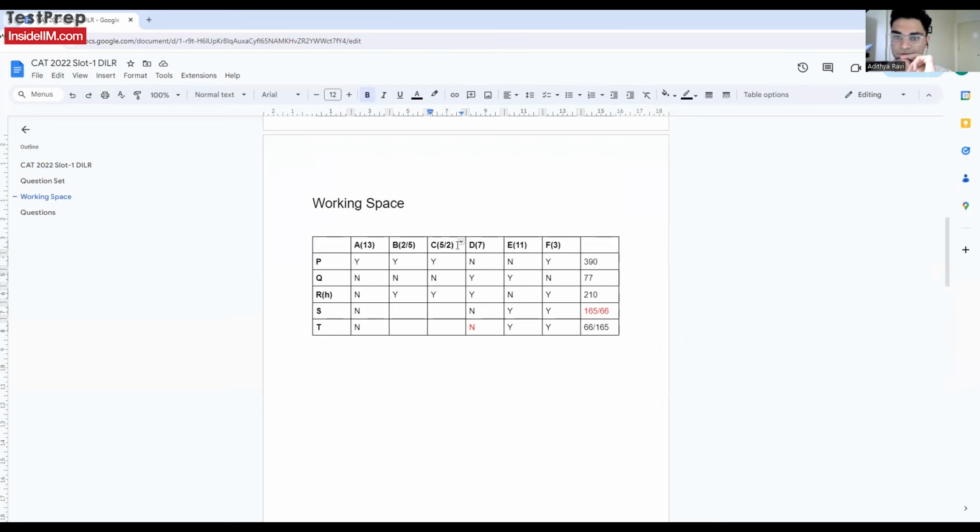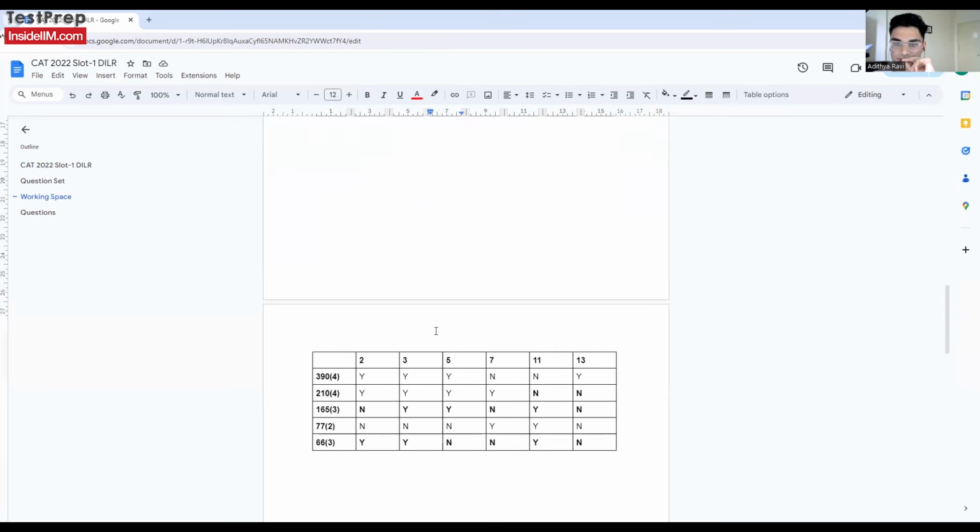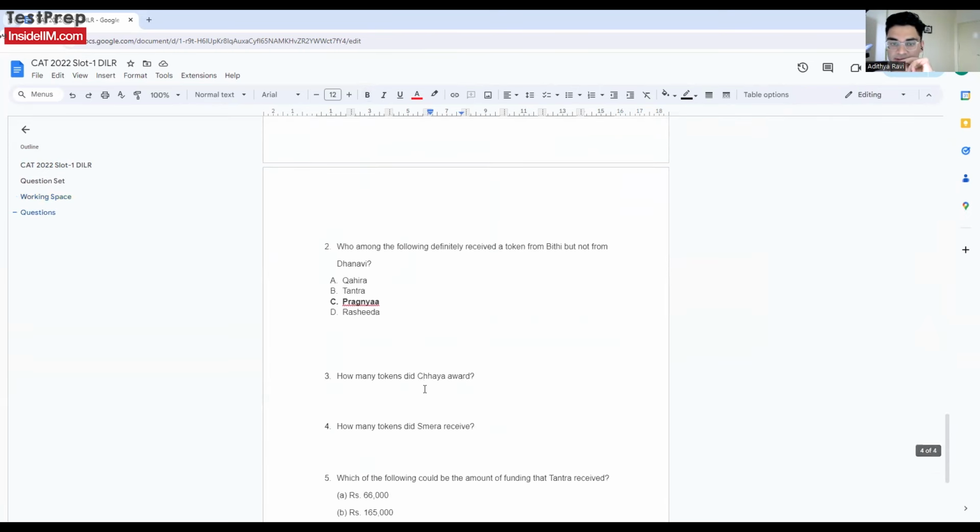We cannot say for sure, but we know C has already awarded tokens to P and to R. When we tested out two cases, we saw that if S has received tokens worth 66, then C has not given a token to S, C has to give a token only to T. Vice versa, if S has received a total value of 165, then C will be the one giving the token over here. So whatever the case is, the answer here has to be 3. We don't know who the 3 people are, but we know for sure 3 people have been awarded.